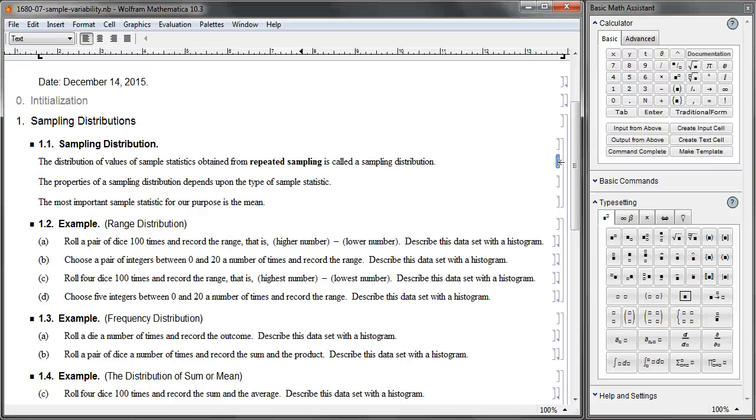It's not that big. But if you repeat random samples, say 100 times or even more, then you see a definite pattern. We'll see some visualization of those in some of my Mathematica programs here in this section of this notebook. By the way, the sample variability and sampling distribution depends upon the type of sample statistics.